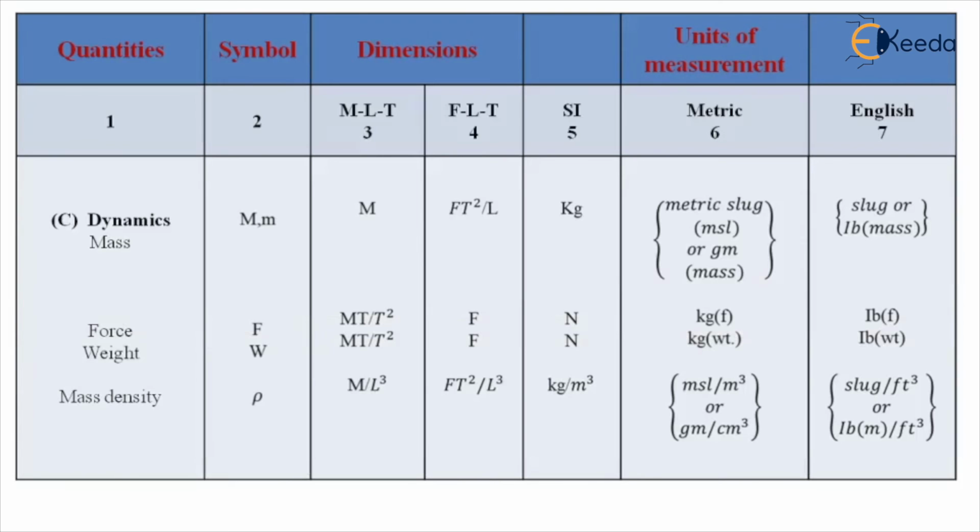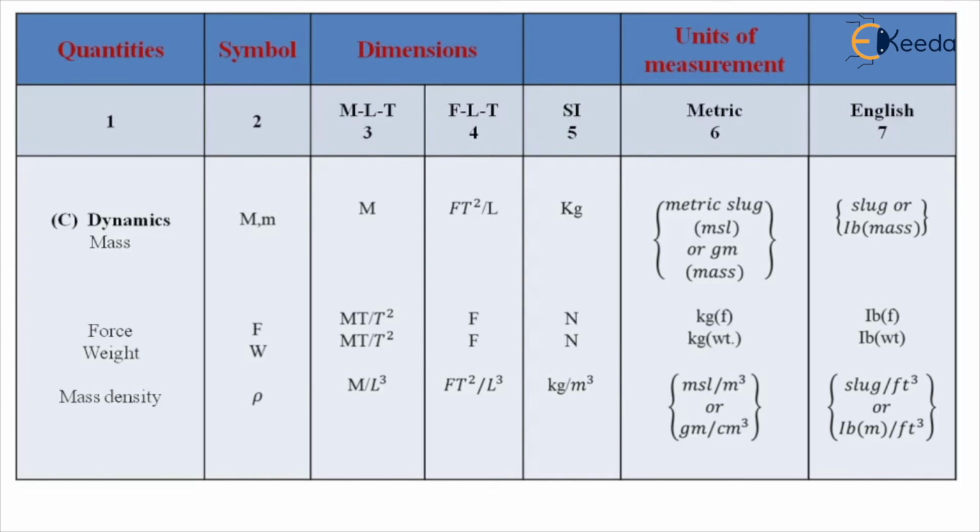Symbol is capital M or small m, and the dimension in MLT is capital M, and in FLT it is F t square upon L. SI unit is kg. Metric unit is metric slug, in brackets MSL. It is also called MSL or gram mass. Similarly, the English unit is slug or lb, in brackets mass.